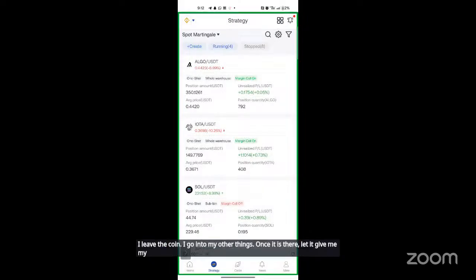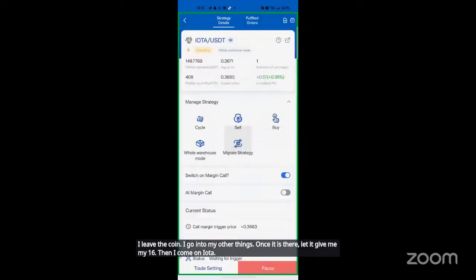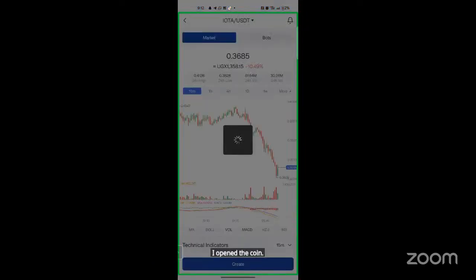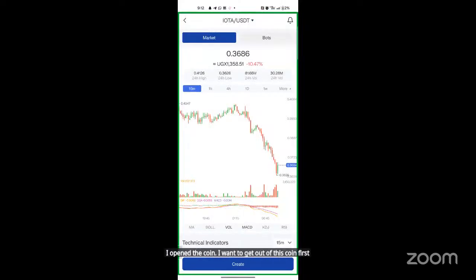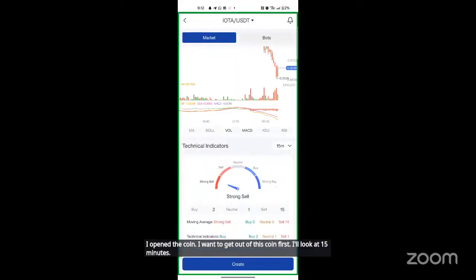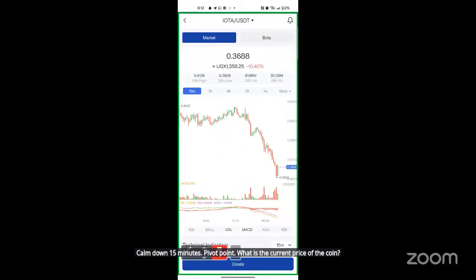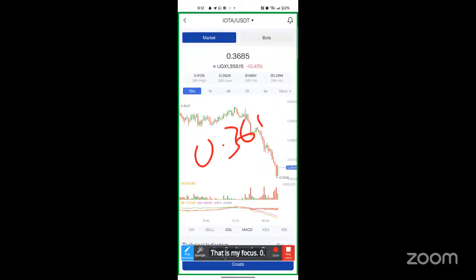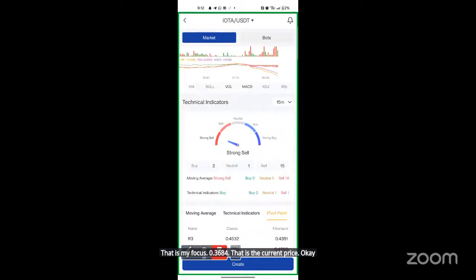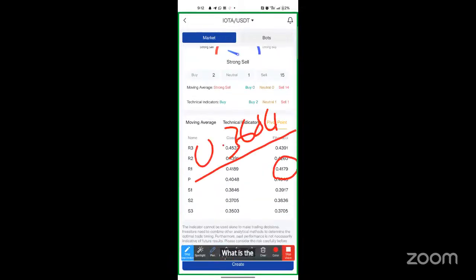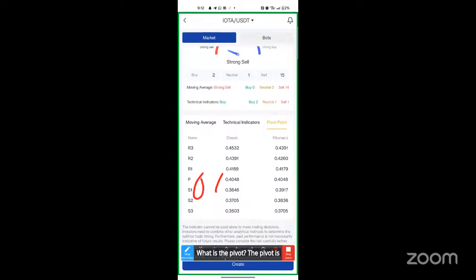Then I come on IOTA. I open the coin. I want to get out of this coin fast. I look at 15 minutes. Come down, 15 minutes, pivot point. What is the current price of the coin? That is my focus. 0.3684. That is the current price. Then I scroll down. What is the pivot? The pivot is 0.4048. What is the support one?